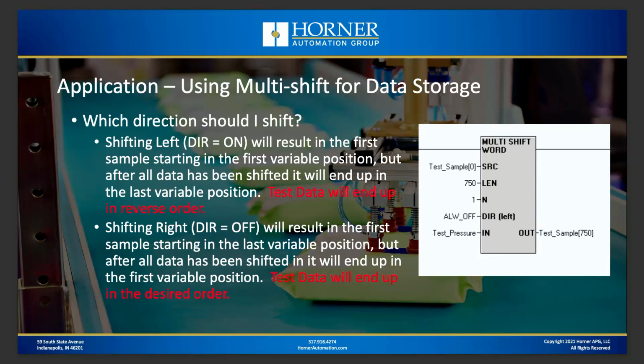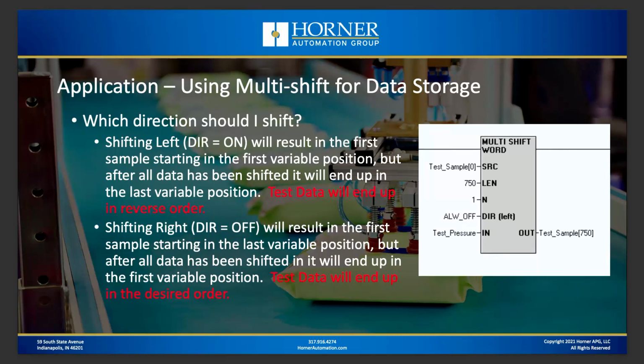Now, if we shift the other direction, or shift right, so our direction input is 0 or off, we're going to take our input, or our pressure value, and place it in the last position in the array, and then it's going to shift closer and closer to the beginning as we shift in more data. When we've shifted in our very last time, the very first sample we took is going to be at the very beginning of the array data.